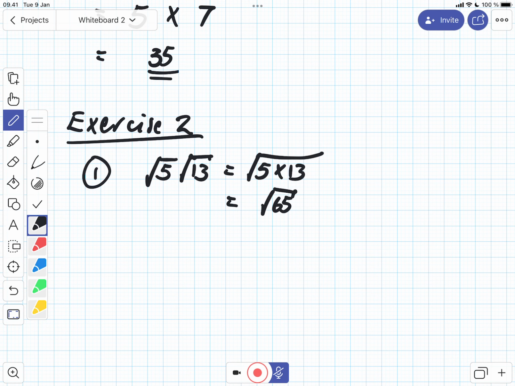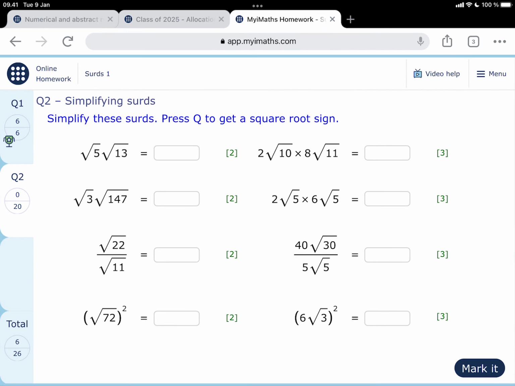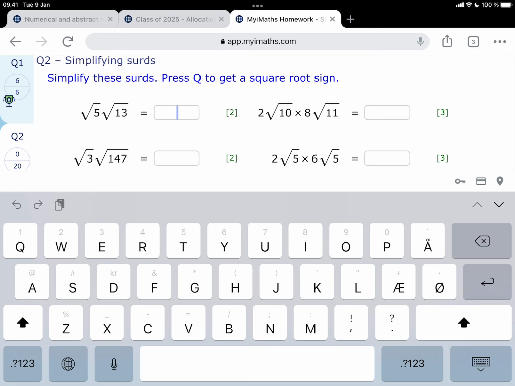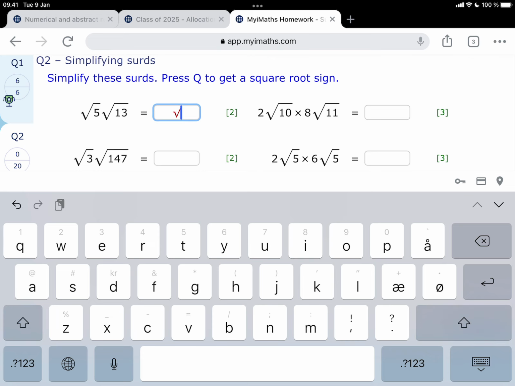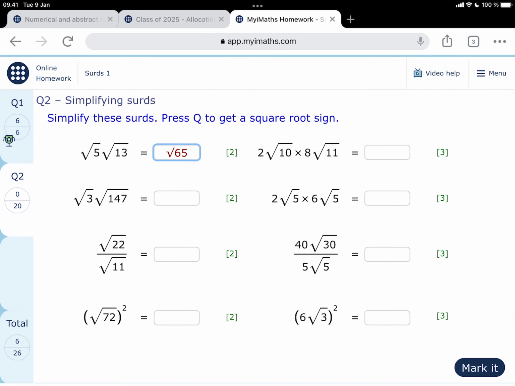That's not going to be able to be broken down into anything simpler because the 5 and the 13 are both prime numbers, so they can't be broken down anymore. So square root of 65 is just about as simple as that gets. So let's just type that in. So square root of 65, that's the first one.